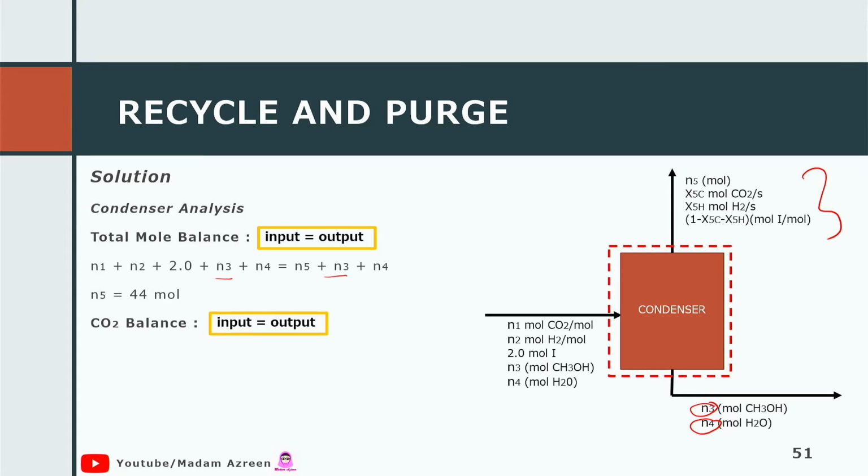We can also do a carbon dioxide balance because we want to determine the value of X5C. So X1 is equal to this one because there is no carbon dioxide here, just here. So you can get the value of X5C to be this one.